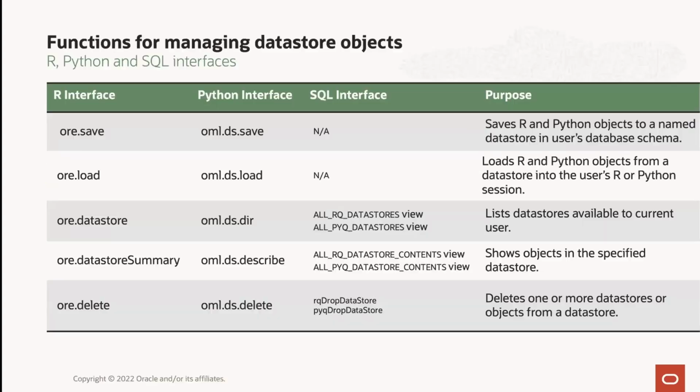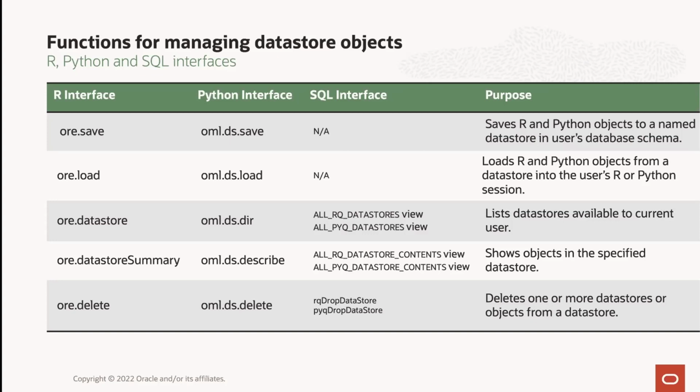Back to you, Akash. So now that we've covered some use cases and some basic examples, let's just walk through the list of functions that exist for managing data store objects. The ore.save or the oml.ds.save in the Python interface. And just as a preface, we'll be covering the R interface as well as the Python interface.